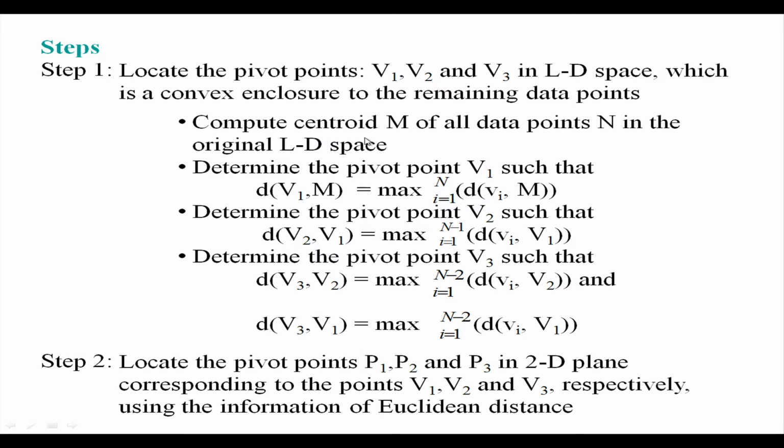Compute centroid M of all data points N in the original LD space. What does it mean? I have got capital N number of data points, and now I will have to find out the centroid of these capital N data points. So, how do we find this centroid M?